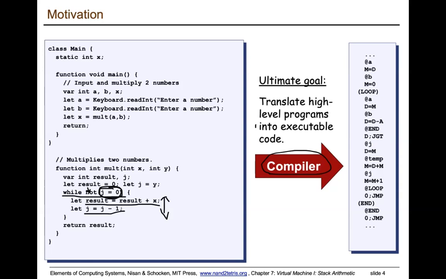So the compiler first needs to know how to deal with the arithmetic expression. Then the compiler should know how to deal with the logical expression. And then the compiler should also know how to deal with functions, because the major difference between high-level language and assembly language is that high-level language allows you to create methods or functions.